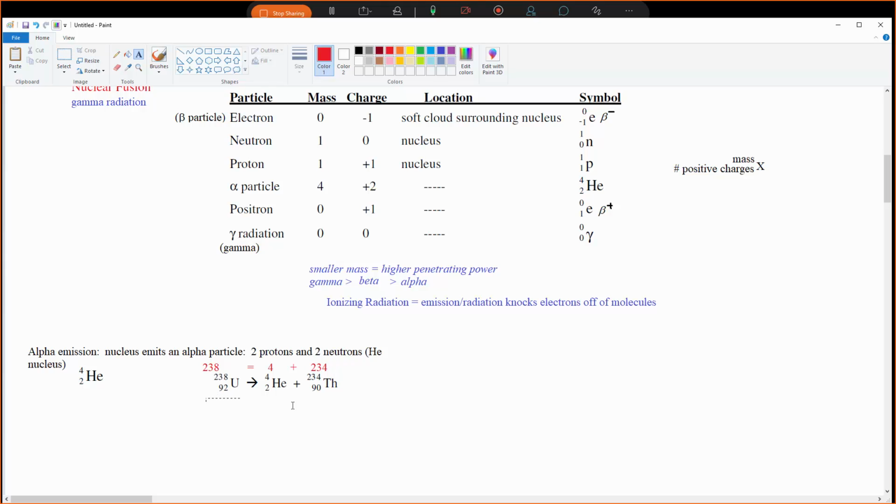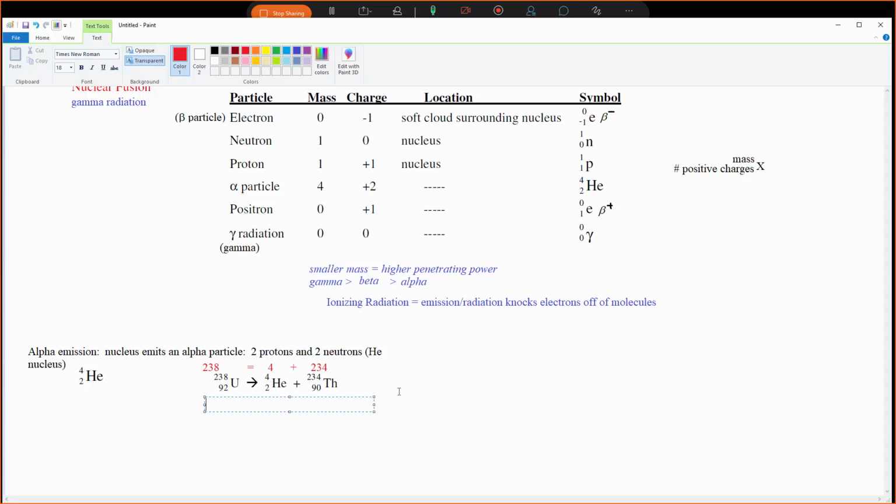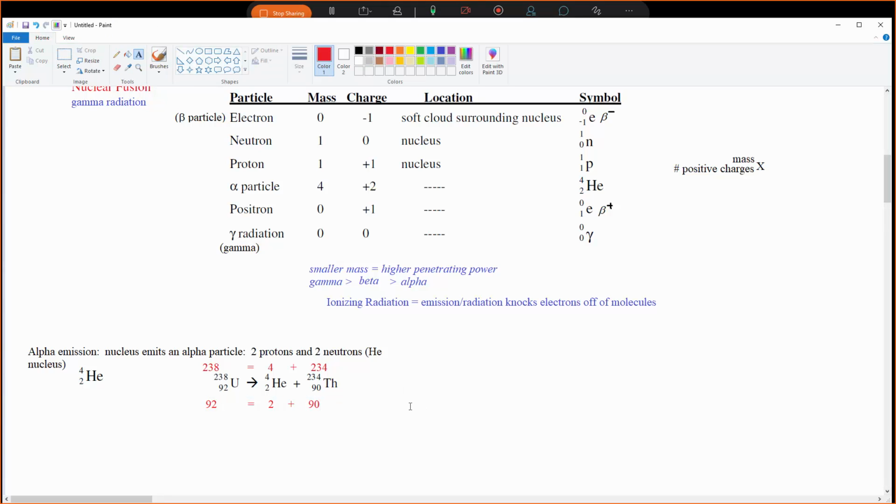The total positive charges are also conserved: 92 positive charges on the left equals my 2 positive charges on the helium plus my 90 positive charges from the thorium. Do you see that? Based on that observation, you know that your masses and positive charges must be conserved, so you can predict the product of any alpha emission equation.